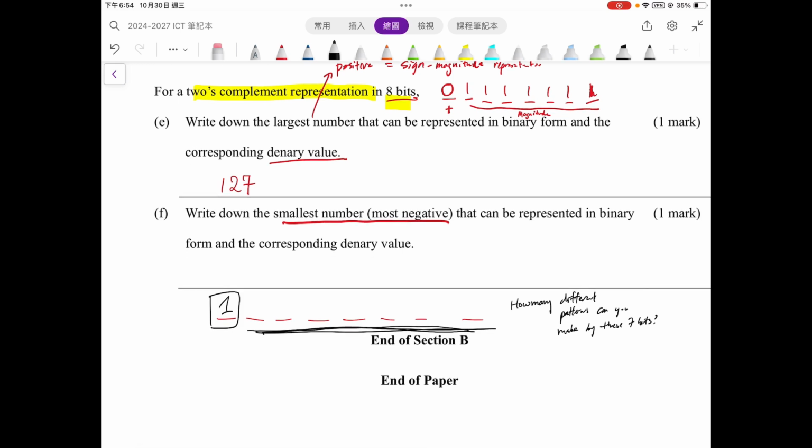Here we have 7 bits, so for every bit we have 2 different representations: 0 or 1. So we have 7 bits with different combinations of 0 and 1. All in all, we have 2 to the power of 7, and that should be 128. So in this case, for these 8 bits, the most negative number you should have is negative 128. The most negative number should be negative 128.